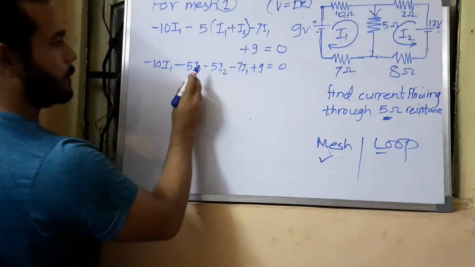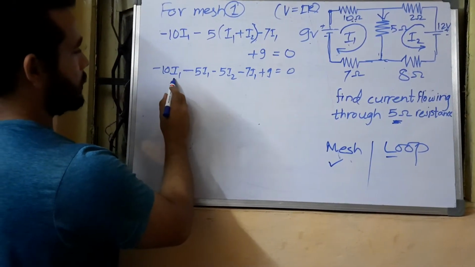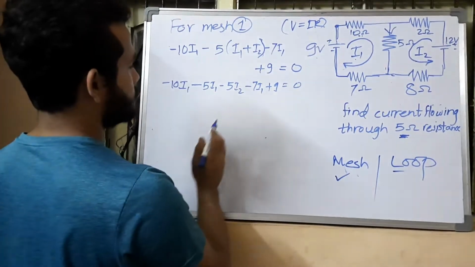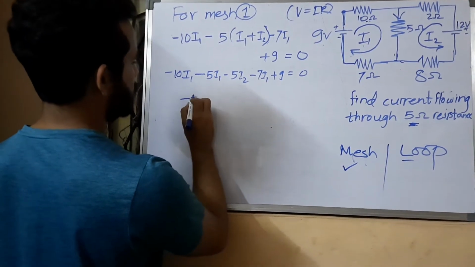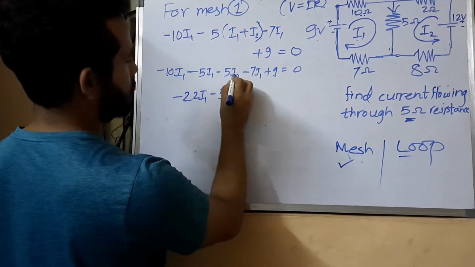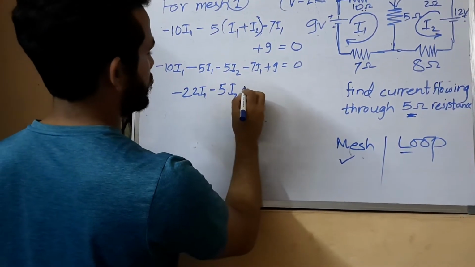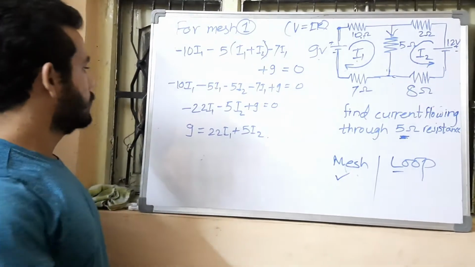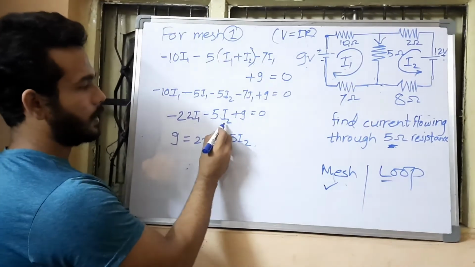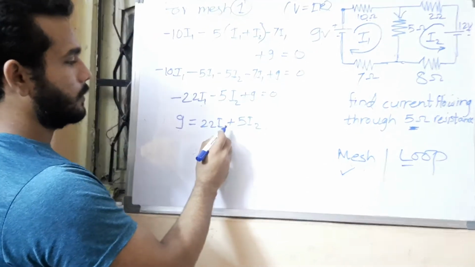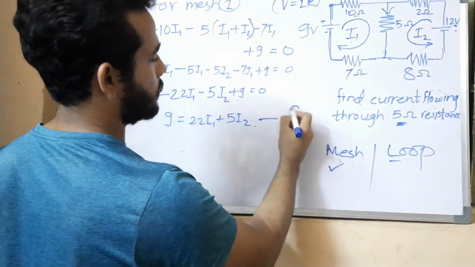Collecting I1 terms: minus 10 I1 minus 5 I1 minus 7 I1, that is minus 22 I1, minus 5 I2 plus 9 is equal to 0. So 9 is equal to 22 I1 plus 5 I2. So this is equation number first.